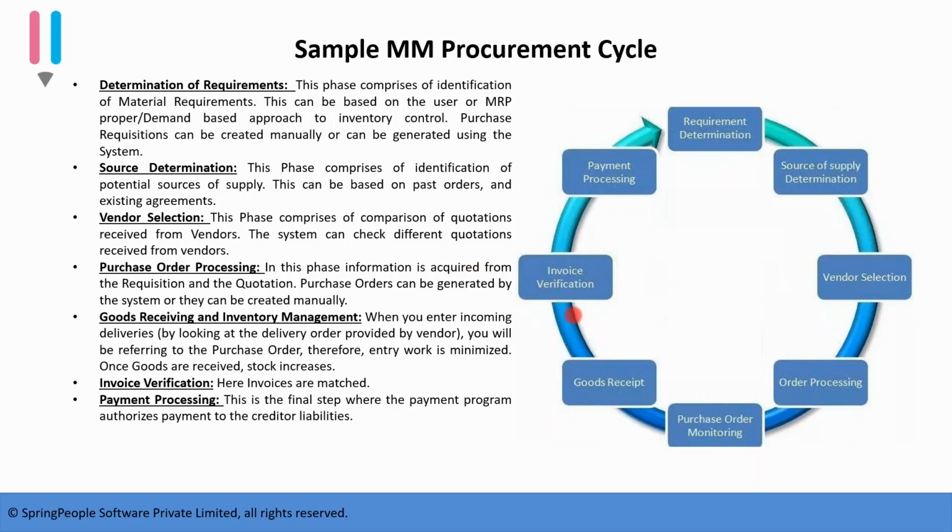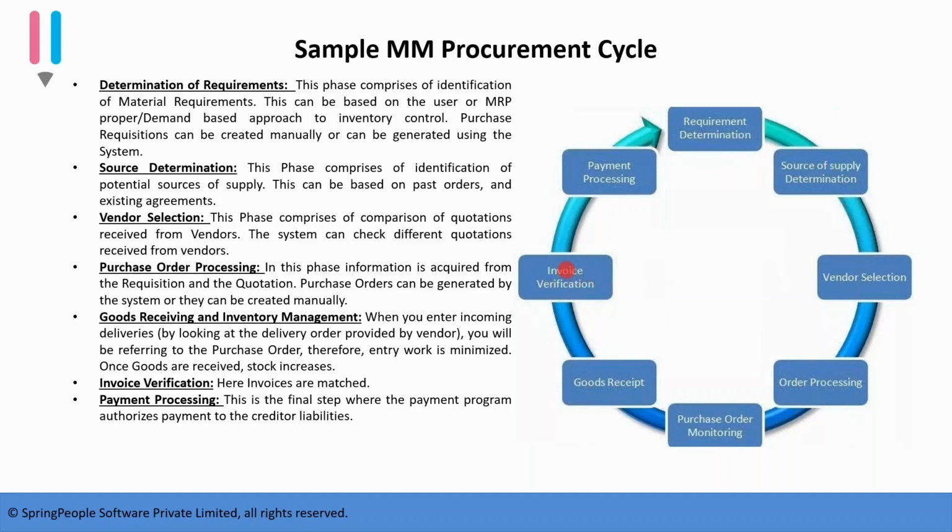Now this invoice or this bill has to be created in the system, because the FI team will be able to make the payment only if there is an invoice bill created in the system. If there is no bill, then the system will not allow you to make the payment. So your invoice verification or invoice receipt is a process of creating that bill in the SAP system.